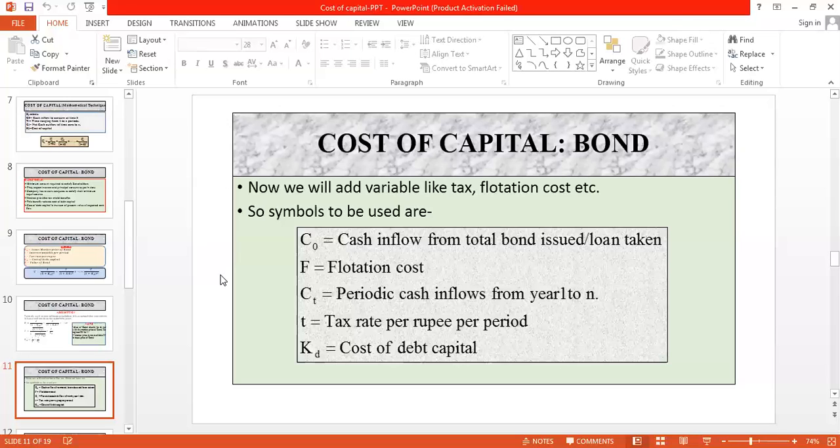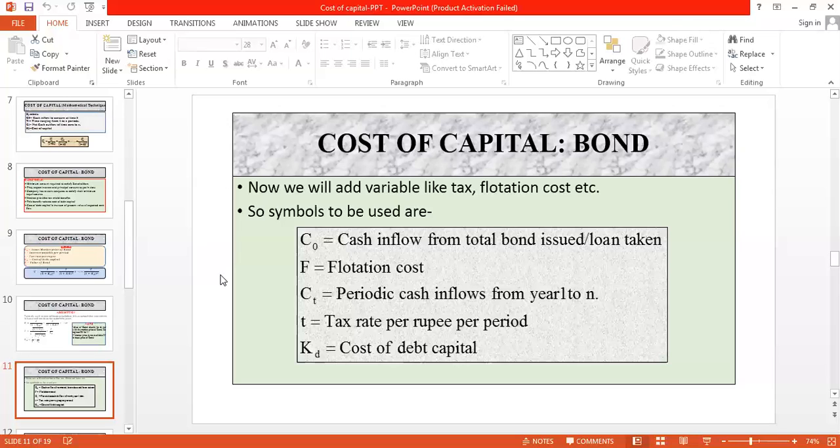Next is T. T is the tax rate per rupee per period. This tax rate is now very crucial because as per income tax guidelines, whenever we issue any bond, we pay interest and that interest is considered a deductible amount at the time of calculating taxable income. So whenever you issue debt capital or bond capital, immediately you are able to reduce your taxable income.